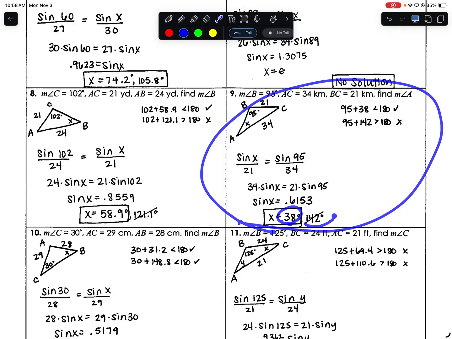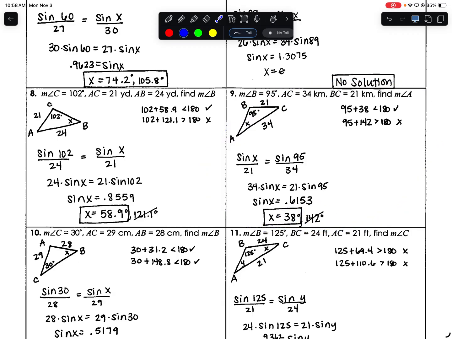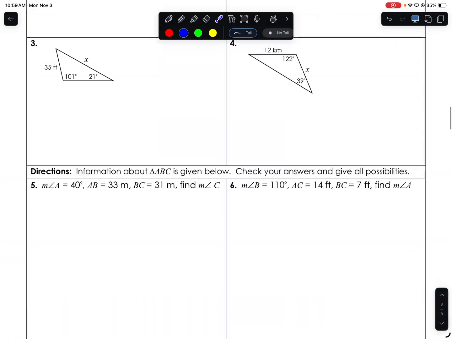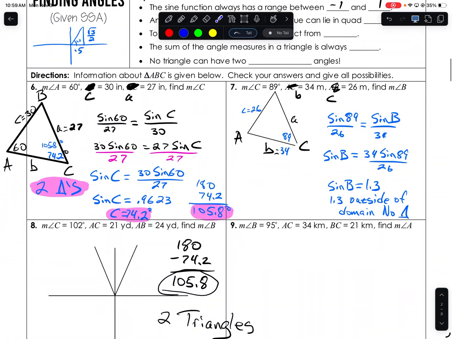And then we did 180 minus 38 and got that 142 right here. So if I look at 142 and 95, is that less or more than 180? More than 180, so that's why the 142 does not work, right? Whereas on this one up here, we did the double check with 105 and 60, we're good, right? I still have some 14.2 left for that second triangle, and obviously the 74.2 will work, okay?